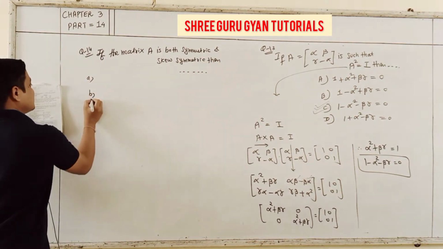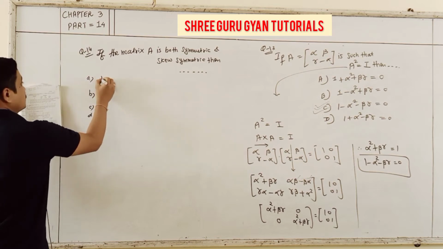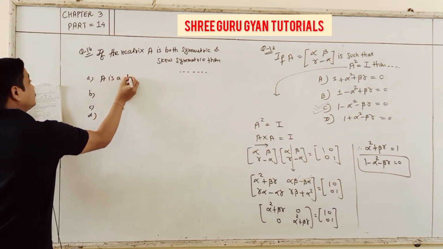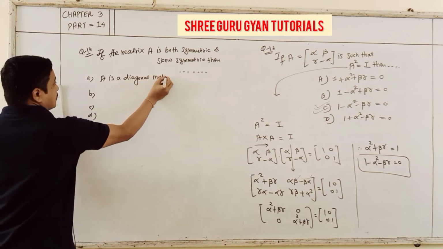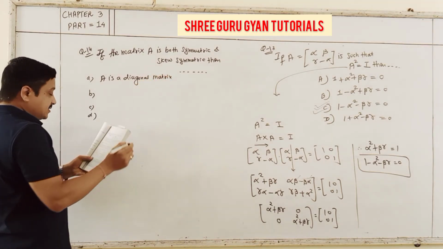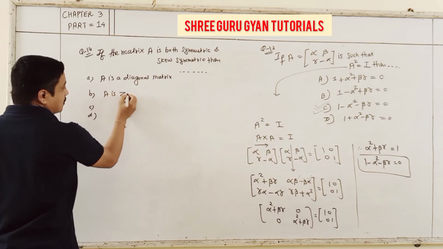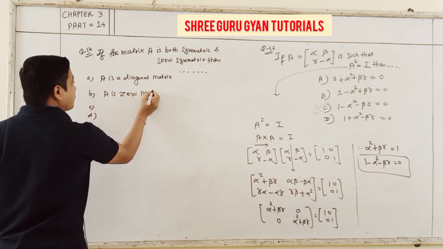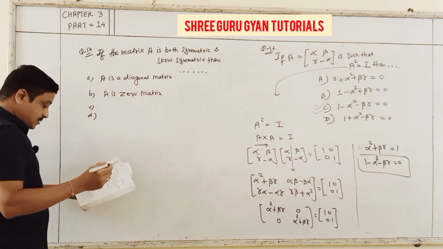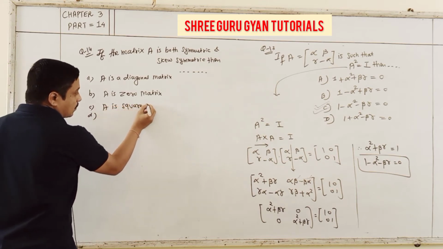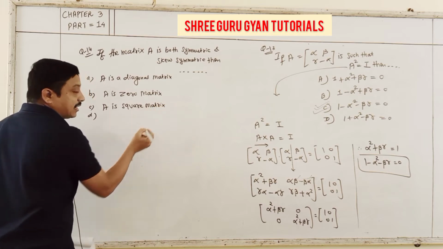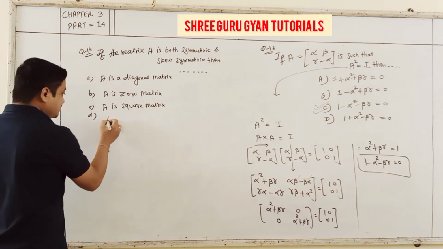My options are: first, given students, A is a diagonal matrix. Second, A is a zero matrix. Third, A is a square matrix. And last, none of these.